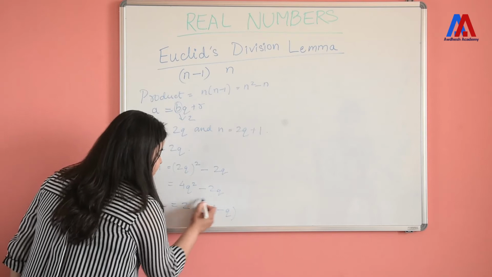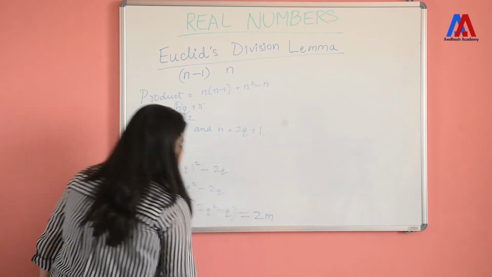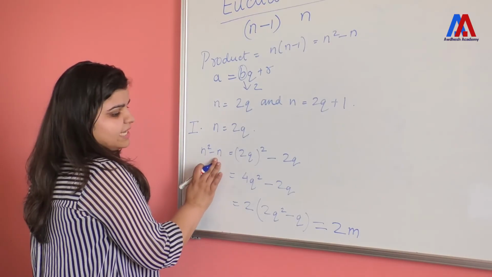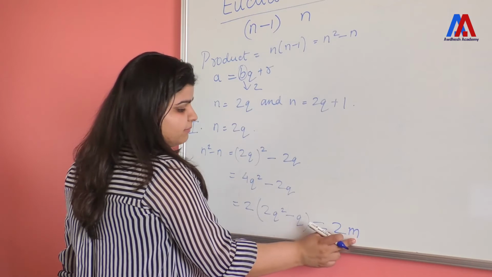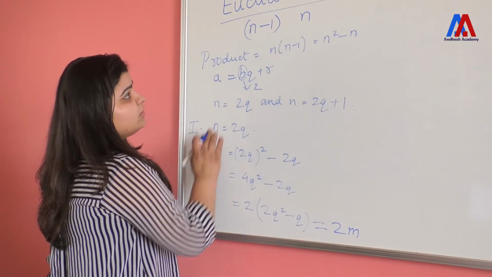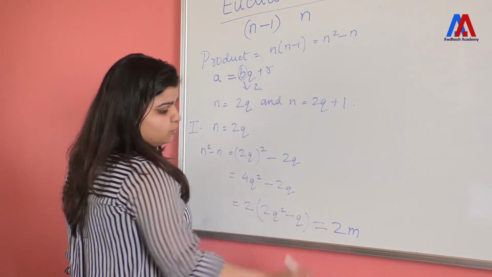Now substituting this part with m, we get 2m. So we have proven that n square minus n is of the form 2m. Thus we can say that n square minus n, or the product of two consecutive numbers, is divisible by 2.